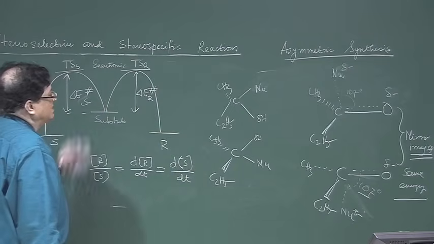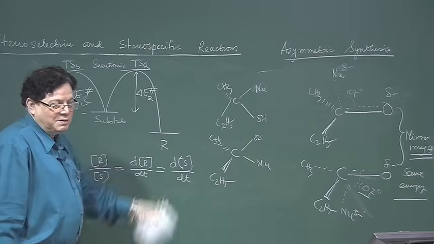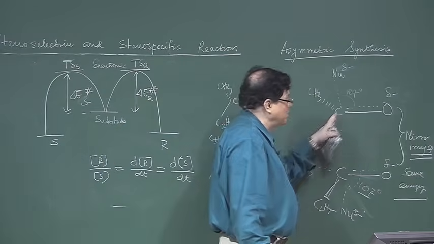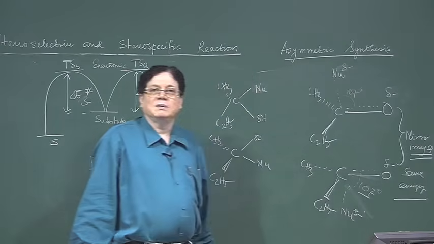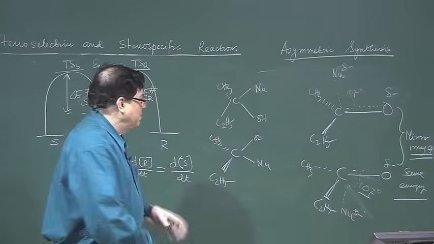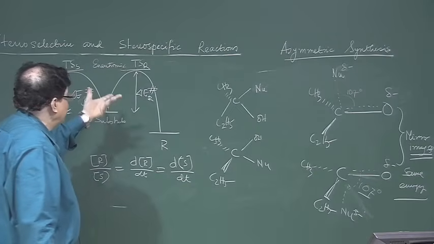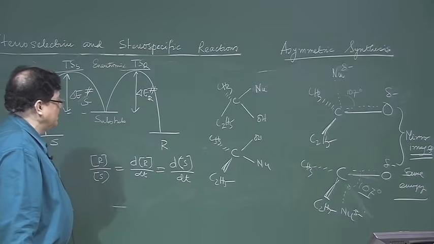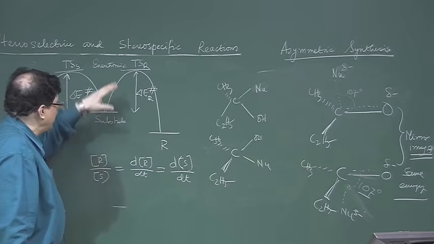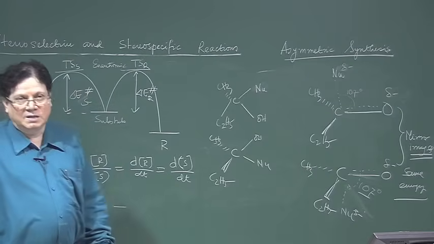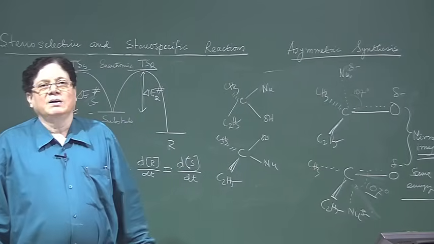Okay. So, what is asymmetric synthesis? If you can make one of these the major product, then that becomes an asymmetric synthesis. But this way you cannot achieve this. If the transition states are enantiomeric, then you cannot achieve asymmetric synthesis. So, you have to introduce a diastereomeric relationship between the transition states in order to achieve asymmetric synthesis.